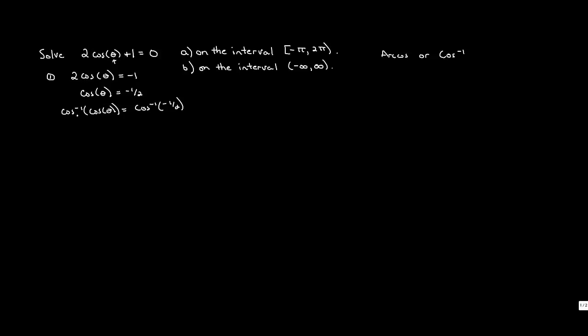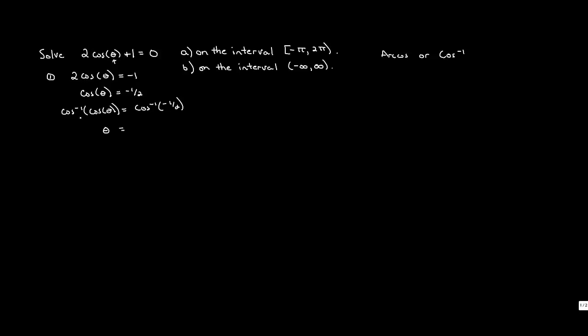Now over here, it's not that these two necessarily cancel each other out. It's that the way a function works with its inverse is that the input becomes the output. This function does something to it and then this undoes it, so we end up with just theta. If you want to think about them as canceling each other out, that's fine, but that's really not what's going on.